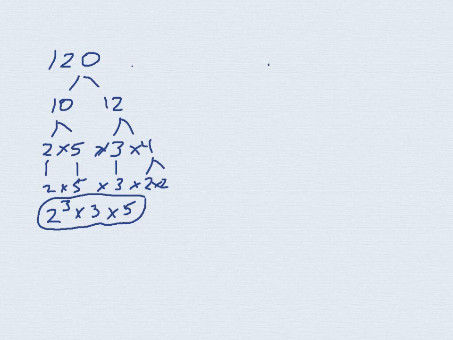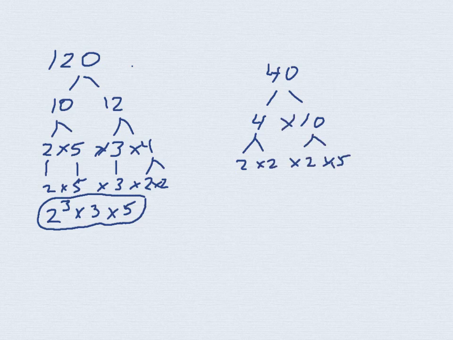I'll do one more. Let's just take a simple one. 40. Your first job is to find two factors. You could do 8 and 5. You could do 4 and 10. You could do 2 and 20. It doesn't matter. 4 is 2 times 2. And then your 10 for prime factors is 2 times 5.